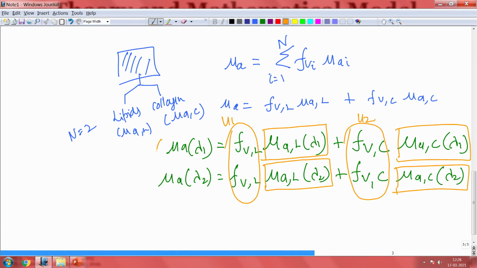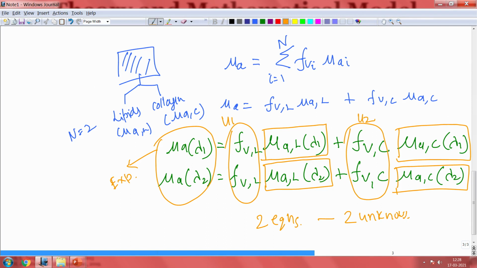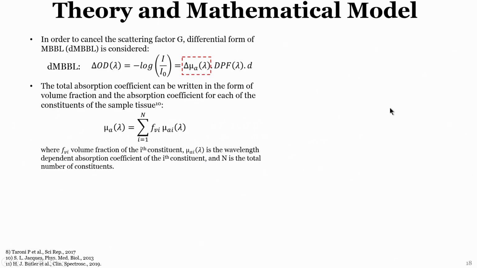What we do is take what we get from the experiments and put it inside this equation, and we have two equations and two unknowns. So, we can quantify the volume fraction for the lipid and collagen. Make sense? This is what we are going to do in our next formulation.